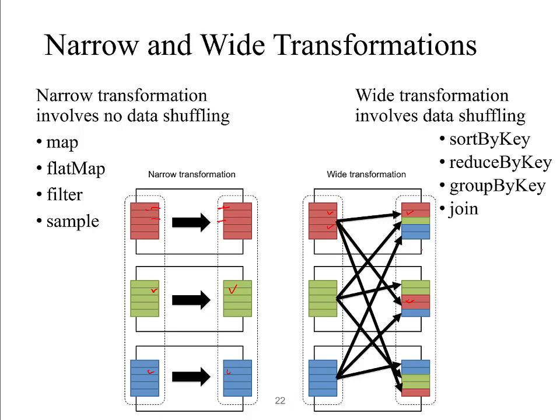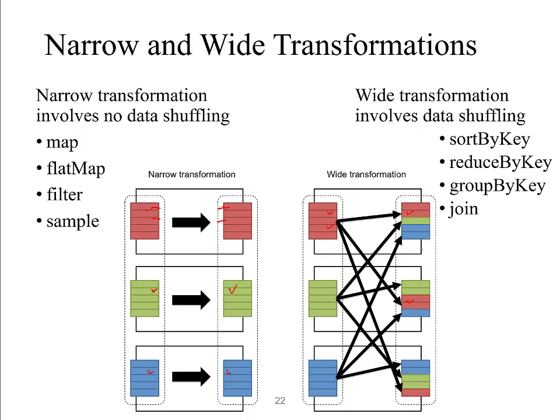So when we look at the functions falling into two different categories, the typical operations for narrow transformation include map, flat map, filter, and sample.